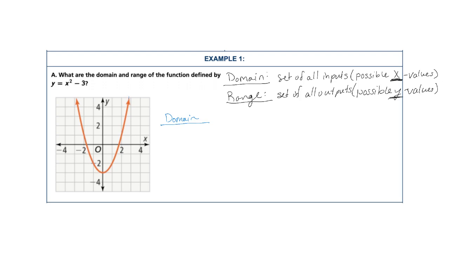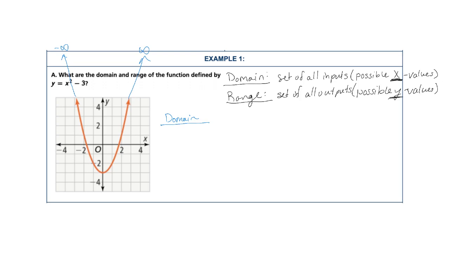Well, if you think about the graph, it's going to keep going all the way to the right and then all the way to the left. If it's going all the way to the left, that means it's going to negative infinity on the x axis. And this is going to keep going to infinity because it's going to the right. It's going to continue on forever.